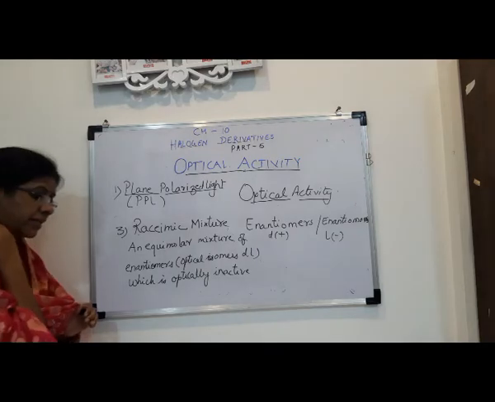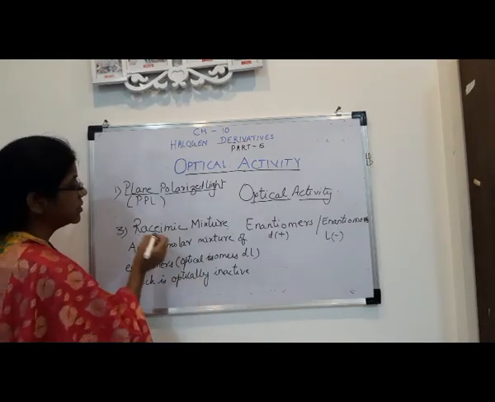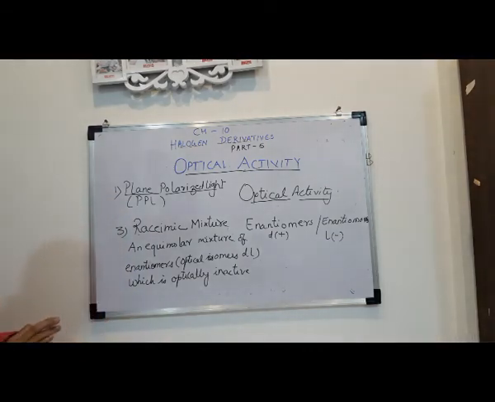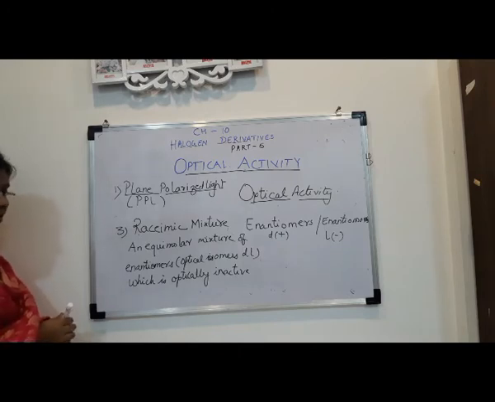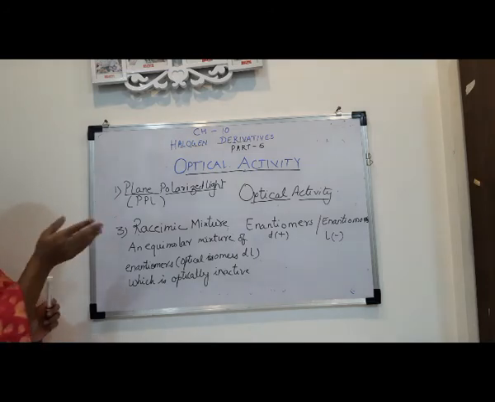This is called a racemic mixture. So a racemic mixture is an equimolar mixture of the optical isomers, dextrorotatory and levorotatory, which is itself optically inactive.